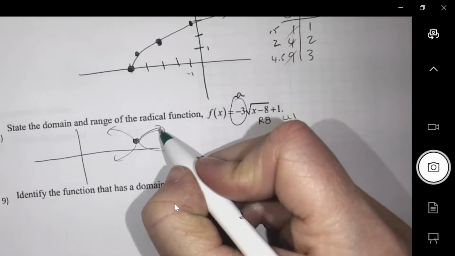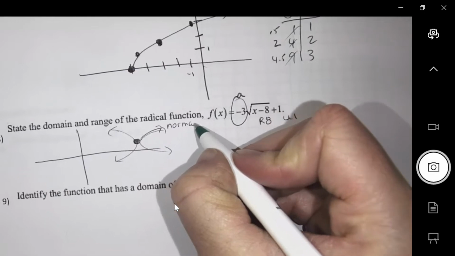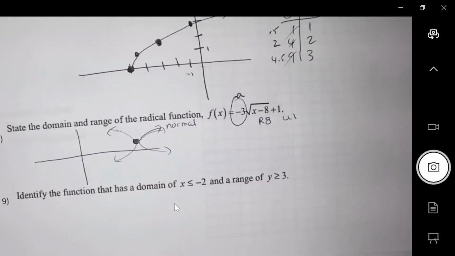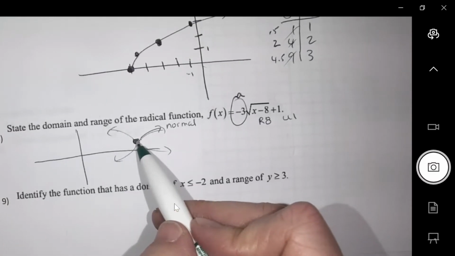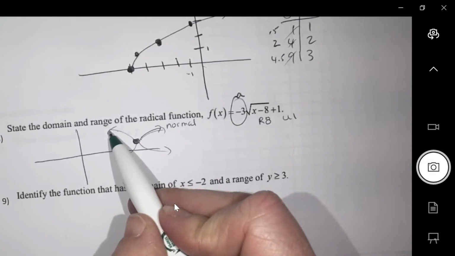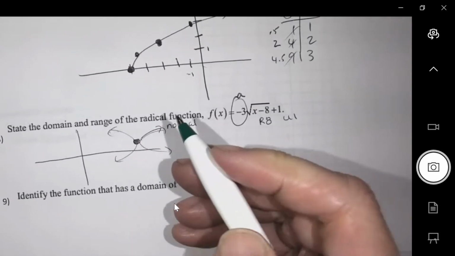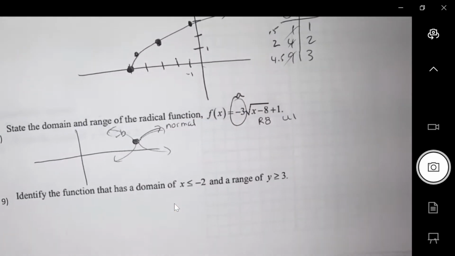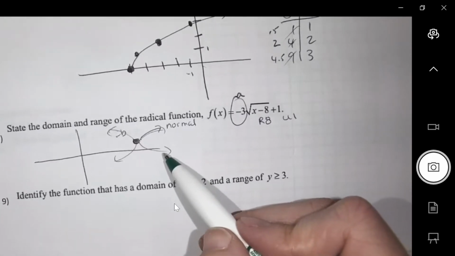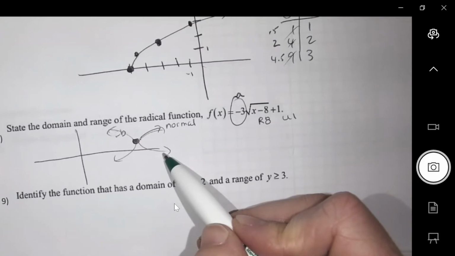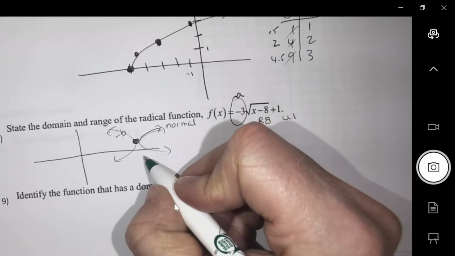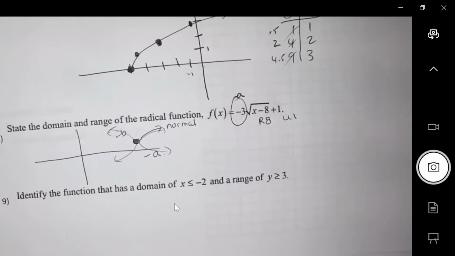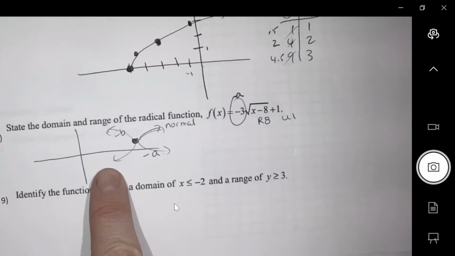So this is normal. That's the normal one. Which negative do I do to get this one? This would be a negative on the B. If I wanted it to look like this one, what would I do? A negative A. How would I get it to go left and down?